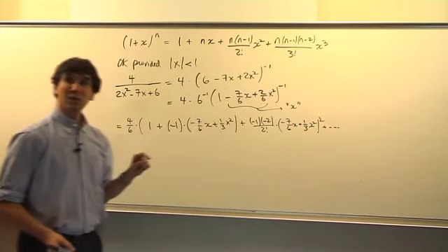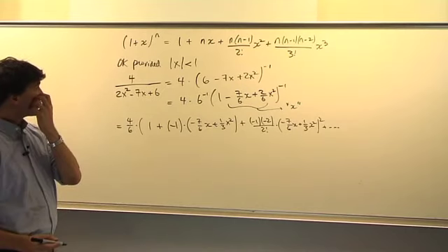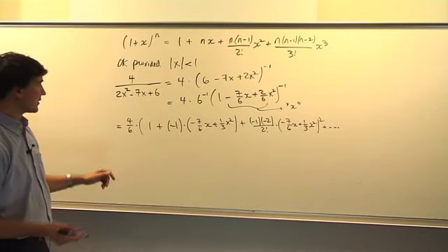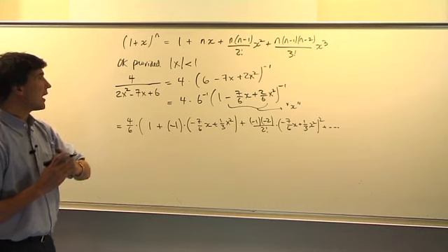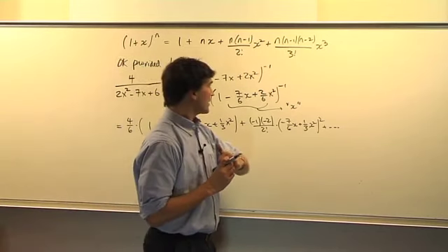For this one, I'm only going to go to x squared, just because it's a bigger example. And to get to x cubed would involve more space than we have on the board.